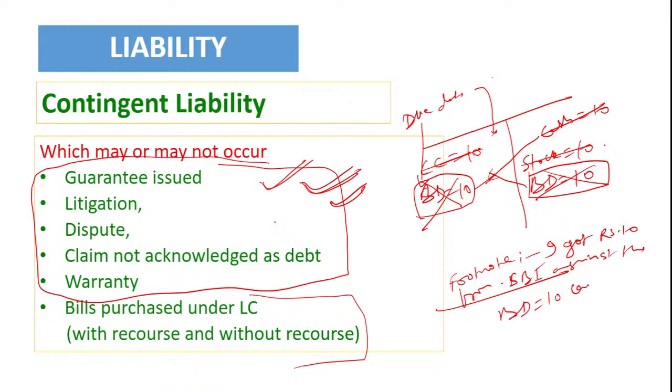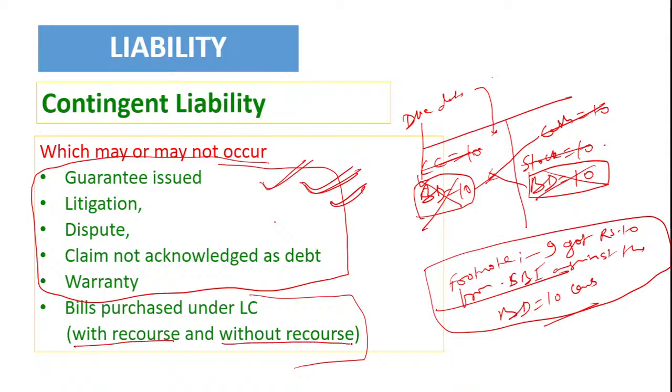So if you find such a term written in the footnotes, in that case you should see whether this discounted bill is with recourse or without recourse. What does with recourse mean and what does without recourse mean?